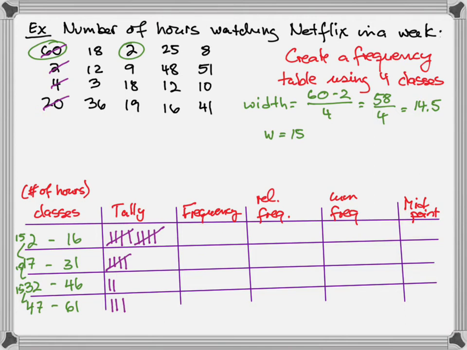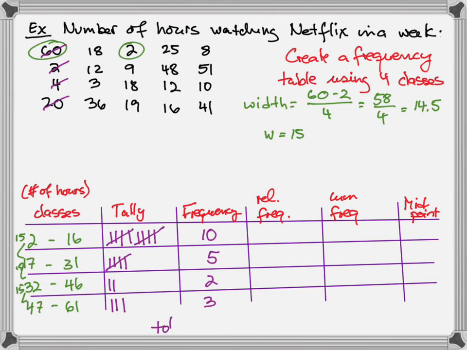So now let's make sure I counted them right. So 5 and 5. The frequencies, now I'm counting my tallies, and I actually write the Roman numeral down. That is 5. Then we have 2, and here is 3.